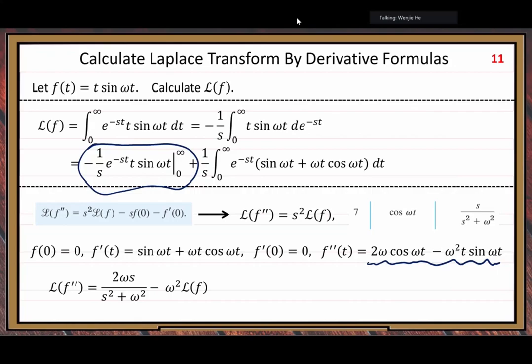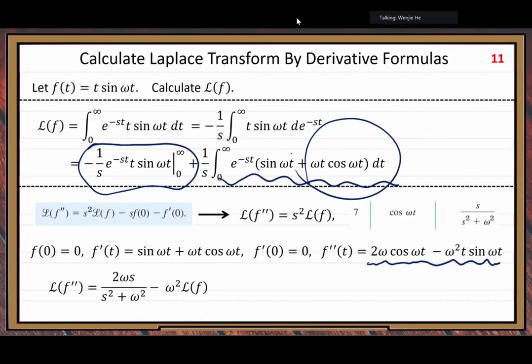Here you can see we get around that complex calculation, because if you calculate this integral directly, especially the second part, it could be very complicated. When we use the Laplace transform of the double derivative, we can get around it in a smart, indirect way.